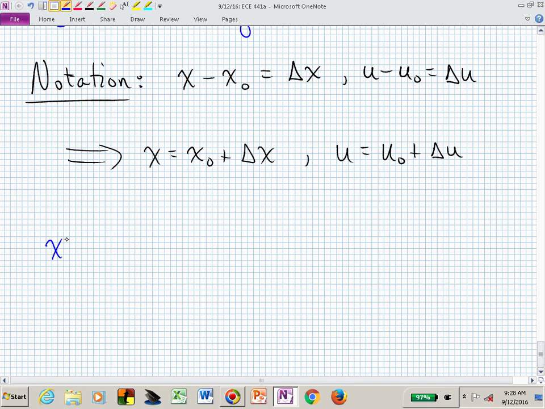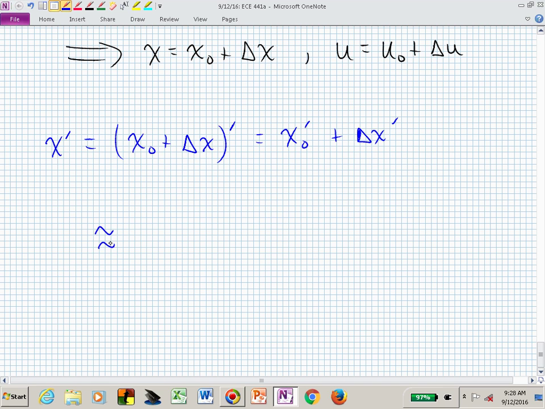In that we had an x prime, but that's now x naught plus delta x differentiated, which says that that's x naught prime plus delta x prime. So that's the time rate of change of our nominal state of the system, x naught prime, plus the time rate of change of the small variation around x naught.